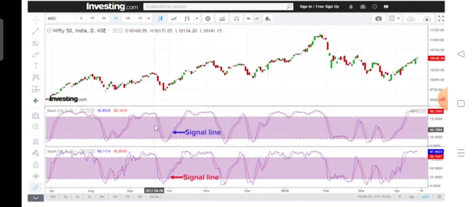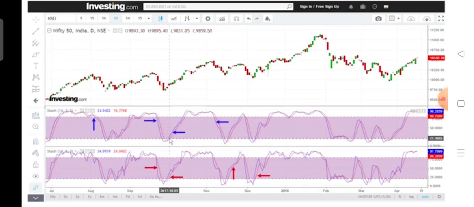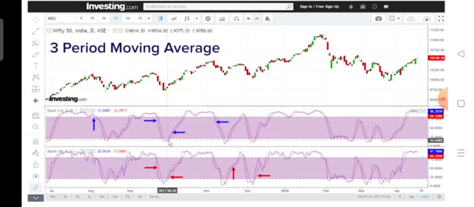So stochastic has two lines. Basically, they are called the percentage K and percentage D lines in both the stochastics. The blue line is the percentage K line and the red line is the percentage D line. The red line of fast stochastic is represented as the blue line of the slow stochastic, and then a 3 period moving average of that becomes the red line.